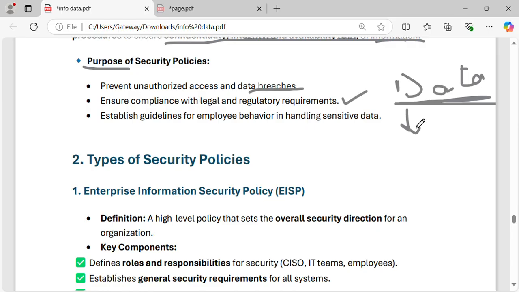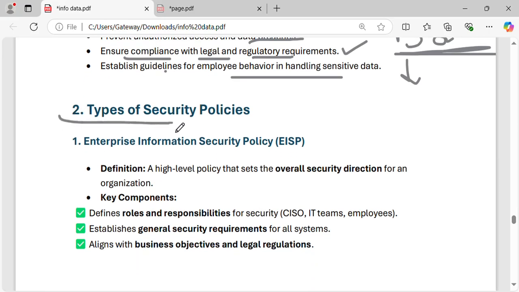How can the government allow them to run in the country if they are breaching the data? These days there are complications about data breaching from these companies, but still, in theoretical terms, we need to comply with legal and regulatory requirements and establish guidelines for employee behavior in handling sensitive data, right?